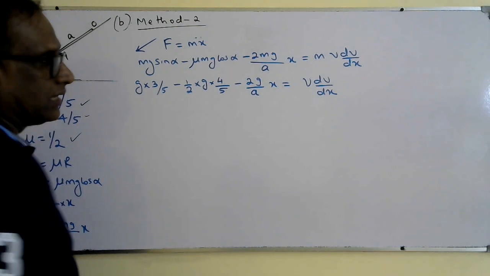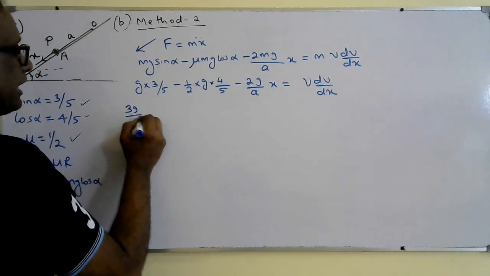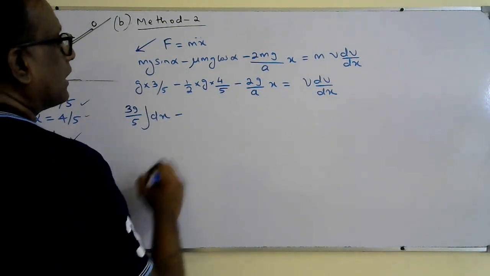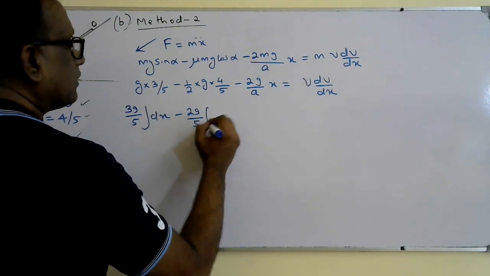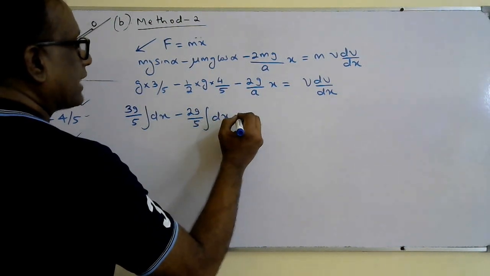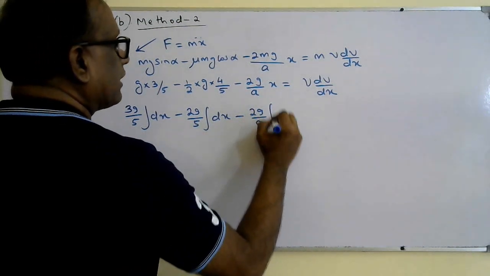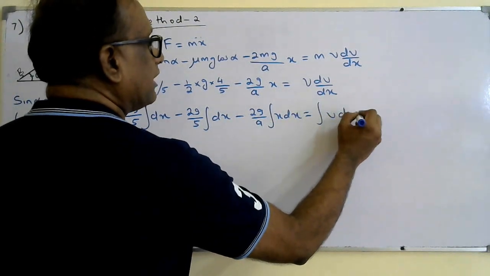Then we will integrate it. So when we integrate: 3g over 5 integral dx, minus 2g over 5 integral dx, minus 2g over a integral x dx, equal integral v dv.